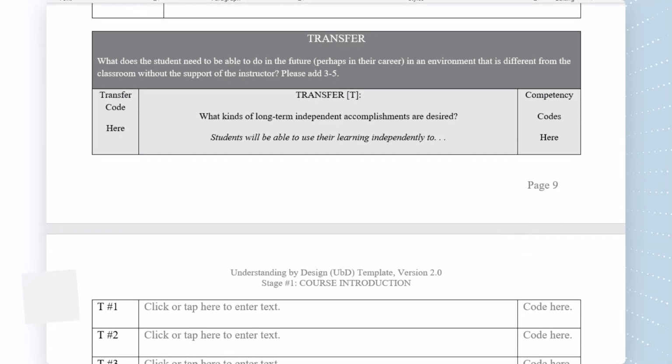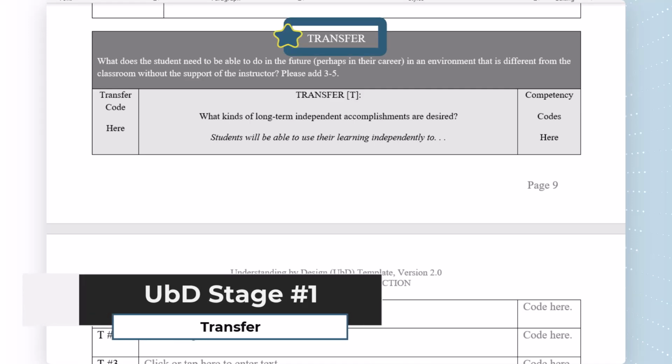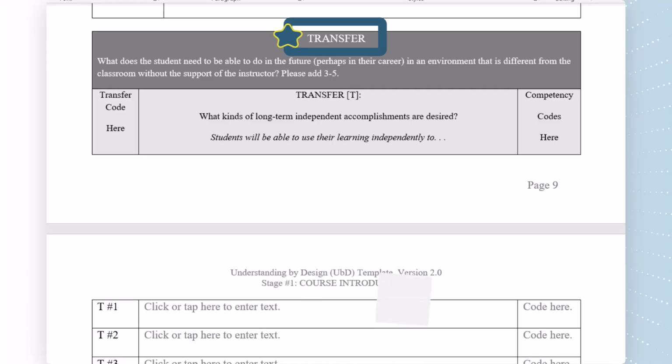The next section is the transfer section. This is how learning is transferred from one context to another. Many would argue that transfer is the ultimate goal of all education because it shows that students can apply what they have learned to a real-world setting.